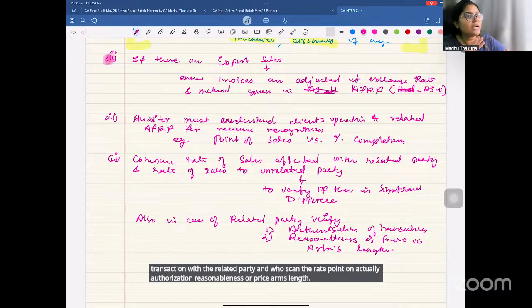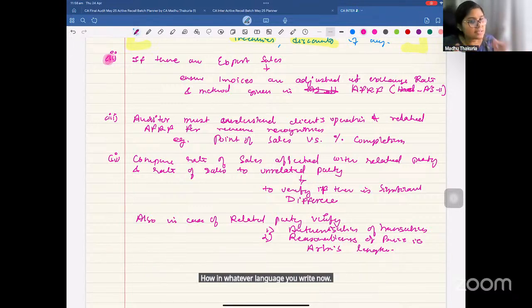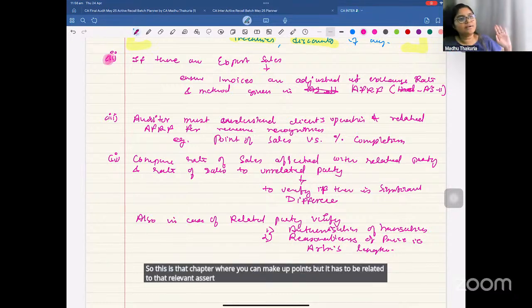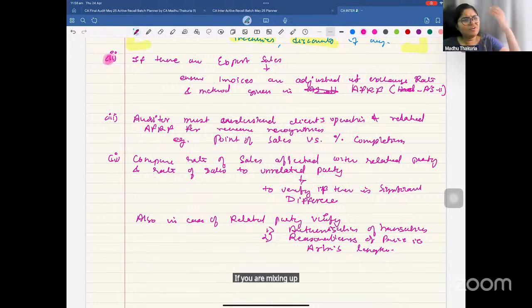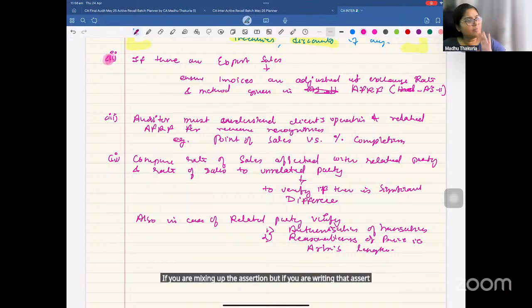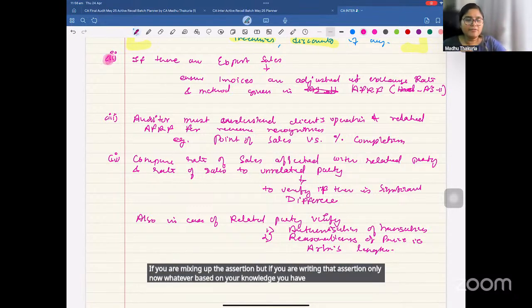Whatever language you write, they will give marks. So this is the chapter where you can make up points, but it has to be related to the relevant assertion. You cannot mix and match the assertion. Trust me on that, because ICAI will right away cut your question and not give you marks if you are mixing up the assertion. But if you write that assertion only, based on your knowledge, they will give you marks.